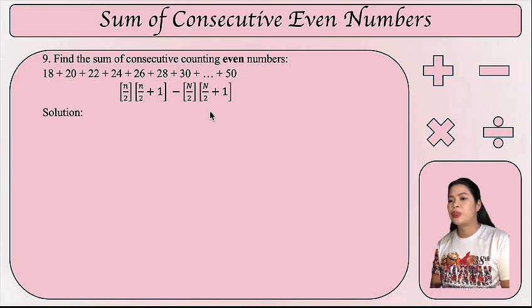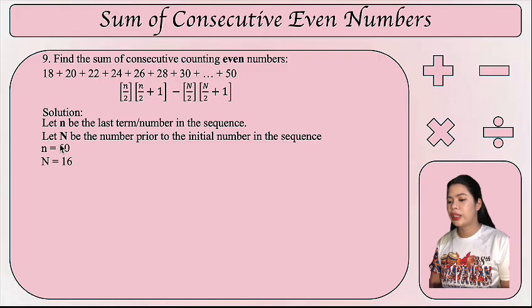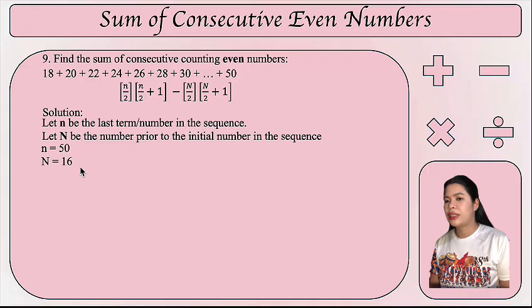So we have here the solution. Let small n be the last term or number in the sequence, and let big N be the number prior to the initial number in the sequence. So we have here the values. Small n is 50 and big N is 16 because the even number prior to number 18 is 16.